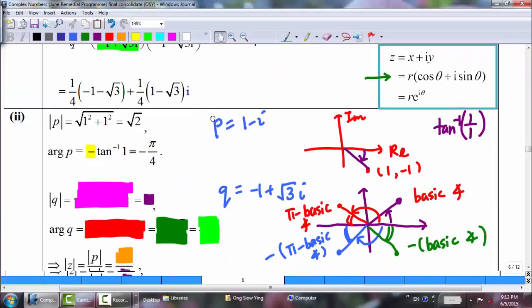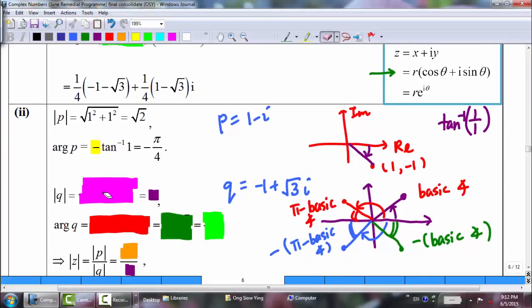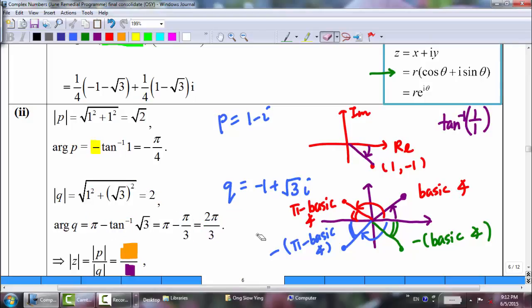Okay. So in this part here, this is what you get for modulus of Q and argument of Q, which lies, your Q lies in the second quadrant, x negative, y positive, second quadrant.